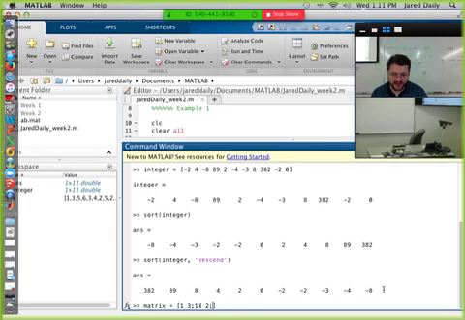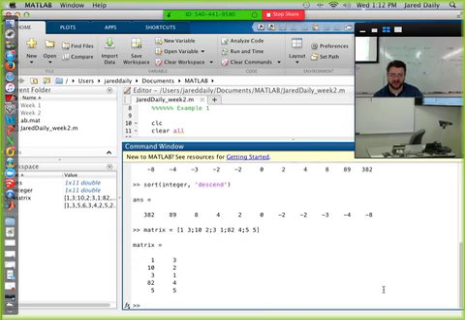Remember that the space puts us in a new column, and the semicolon puts us in a new row. So I'm making a bunch of rows here. Hopefully I've got that right. How many do I have? 1, 2, 3, 4, 5. Looks like we've got 5 here. Let's hit enter. 5 rows, and I've got 2 columns, right?